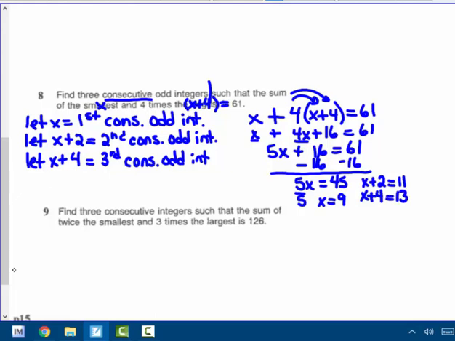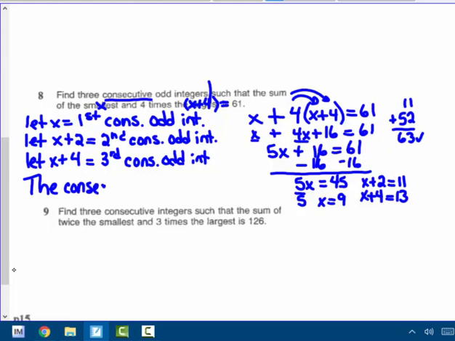Okay, so I think the numbers are 9, 11, and 13. Here's my check: 11 added to 4 times the largest, well, 52 plus 11, yes, that equals 63. Yippee!